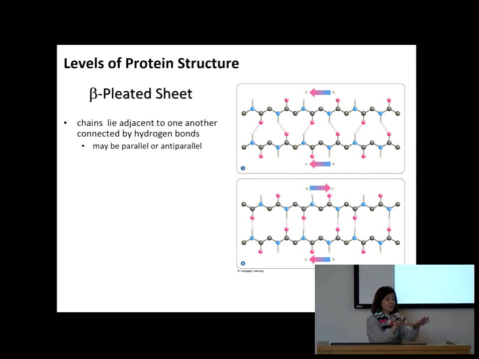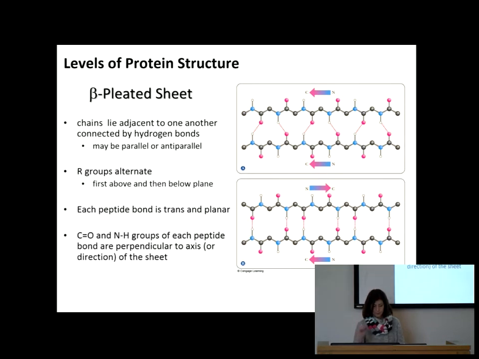And we have the hydrogen bonding being set up. They can either be parallel, as we have in the top one, or anti-parallel, as we have in the bottom. But along the surface of the sheet, we have the hydrogen bonding. So the top is parallel? The top is the parallel, and the bottom is the anti-parallel.